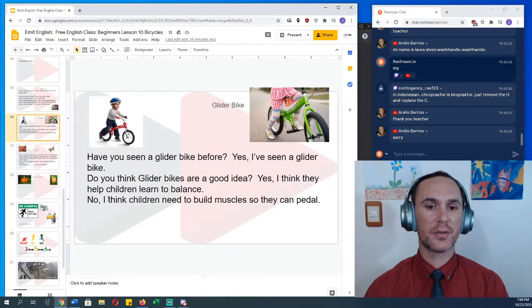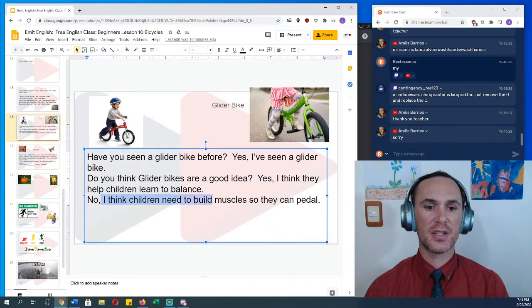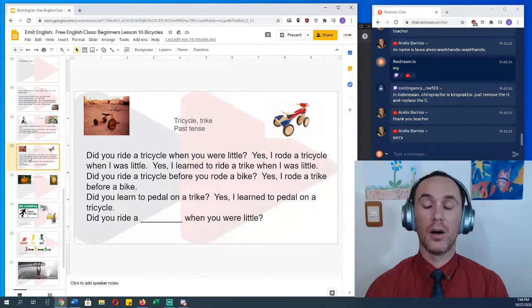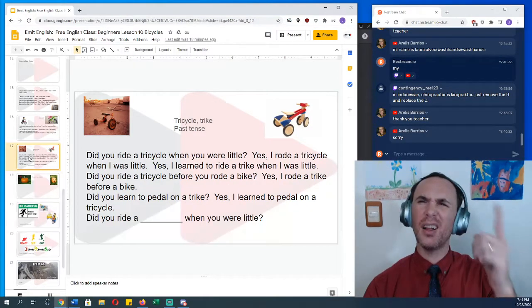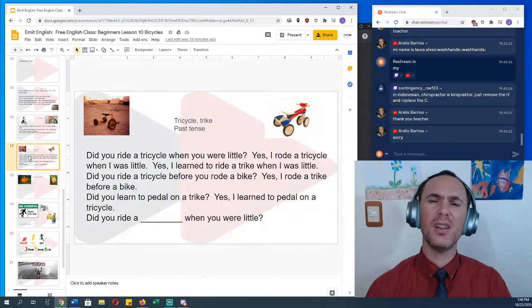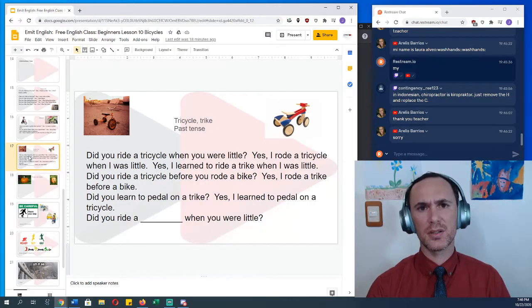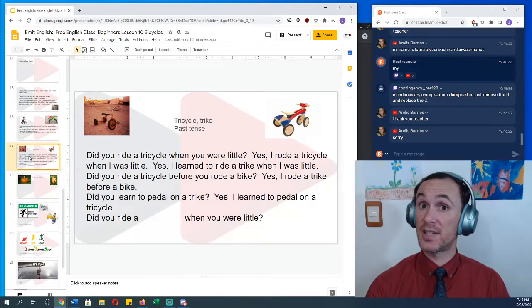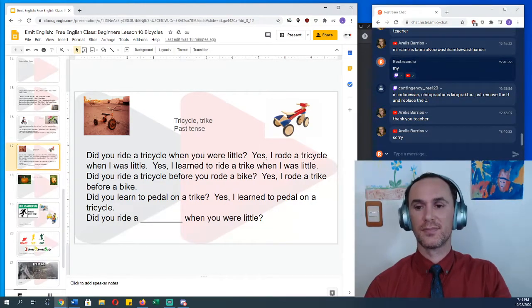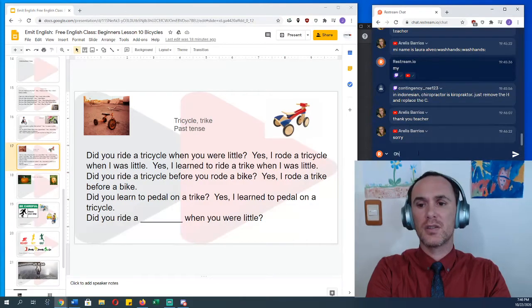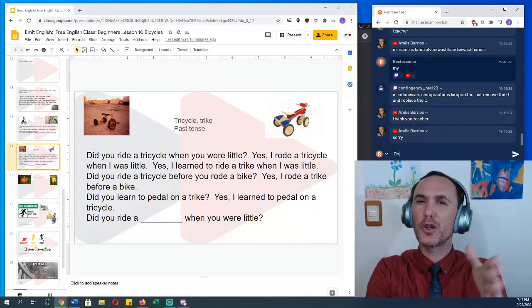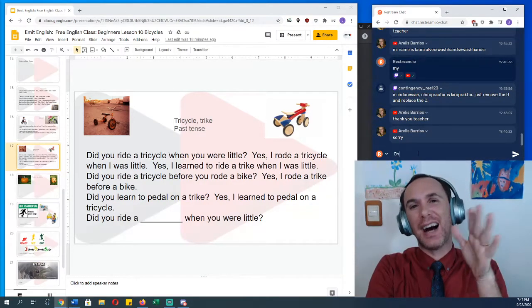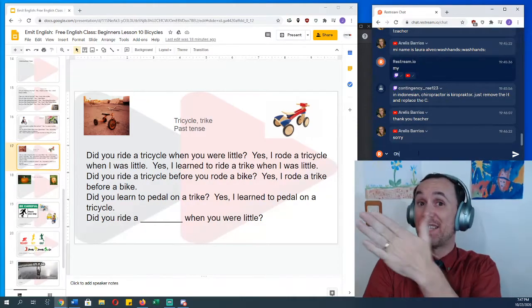When we disagree, this person says, no, I think children need to build muscles so they can pedal. Oh, well, that kind of makes sense, but couldn't they learn how to use their muscles riding a tricycle? So a way to kind of agree, and then disagree.